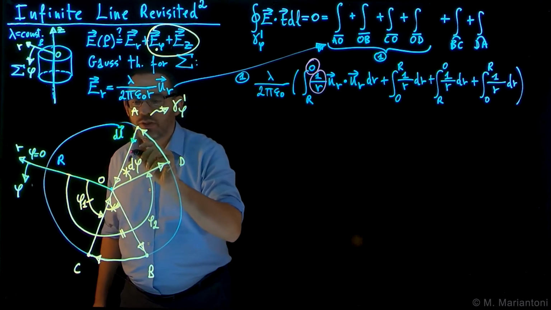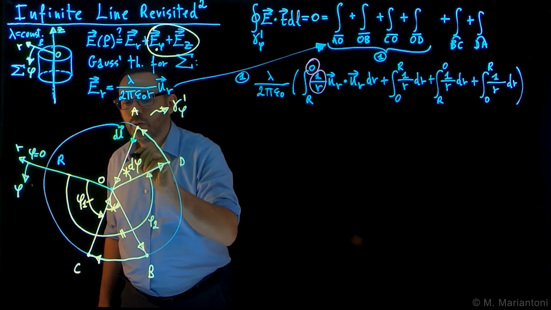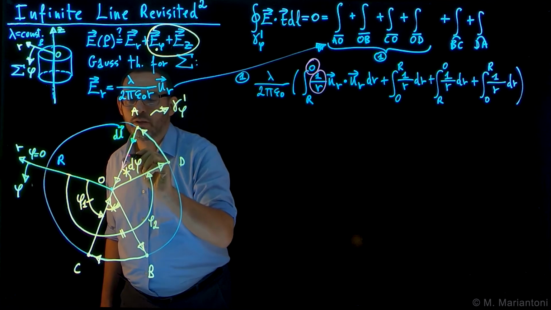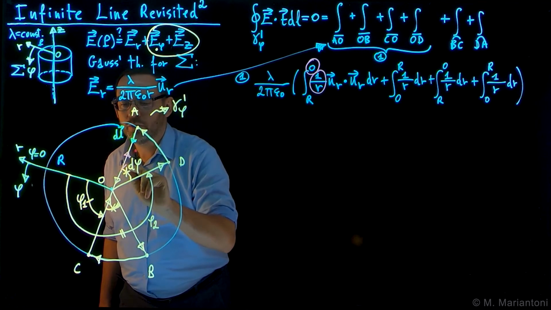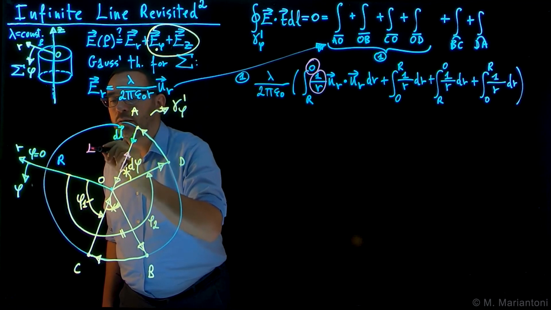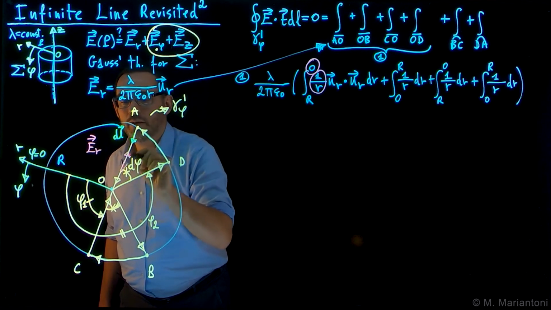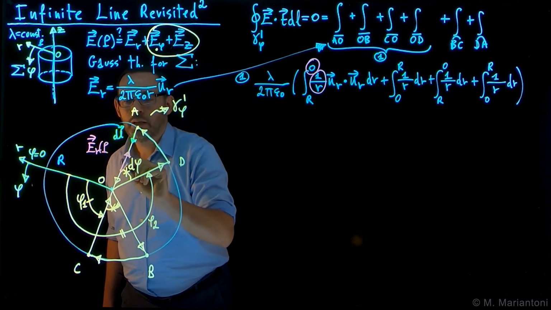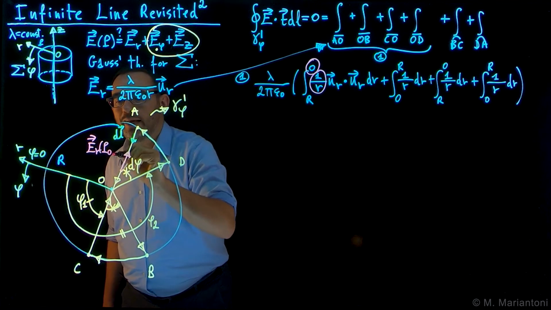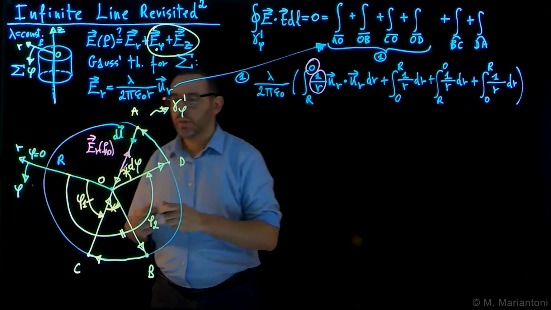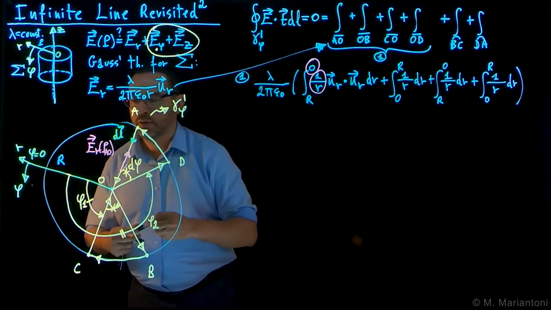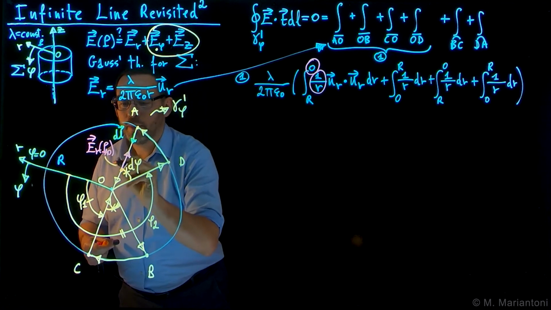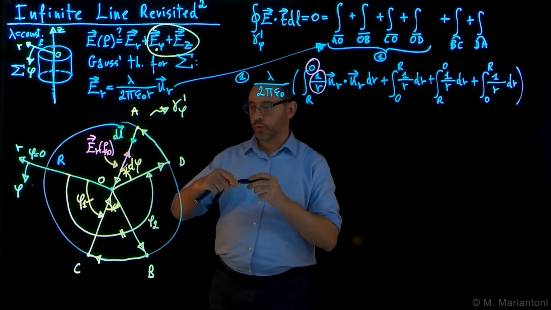So again, note that we are considering any point on this line, where we have our field E, which is along R, along the R direction, pointing outward at any point, capital P, this point on the line AO. This point here is P on AO. Okay.